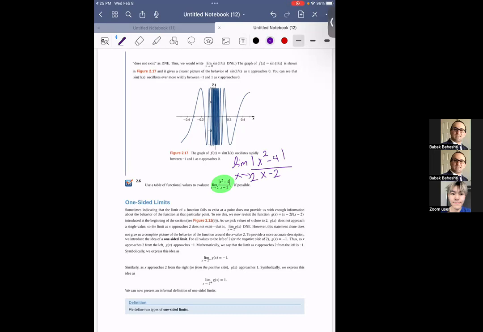By using a table, for example, here I make a table. This is x. The points that you can use are, for example, 2.1, 2.01, 2.001.